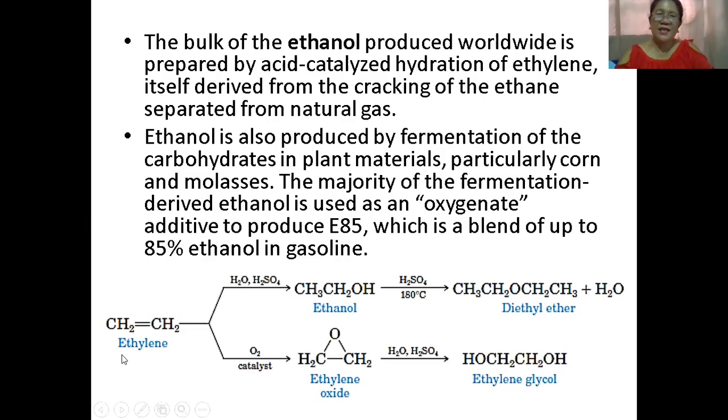So ethylene, by means of, what is this? An alkene, and the process is to add water. That is, you will form ethanol by hydration. Here, by means of an oxidation reaction, you will form an oxide.